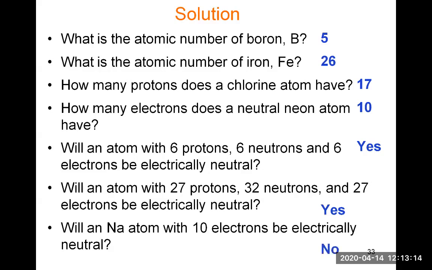No, because if sodium has 10 electrons and 11 protons, 10 of the protons will be cancelled by the 10 electrons, but then one of the protons will not be cancelled out, and so it will not be electrically neutral. It will be positive 1. So that will be the charge of the sodium in this case. And that's the end of section 2.2.